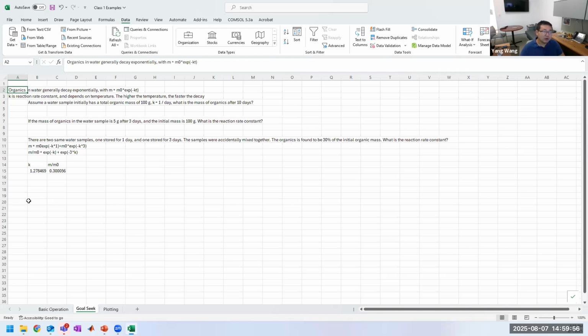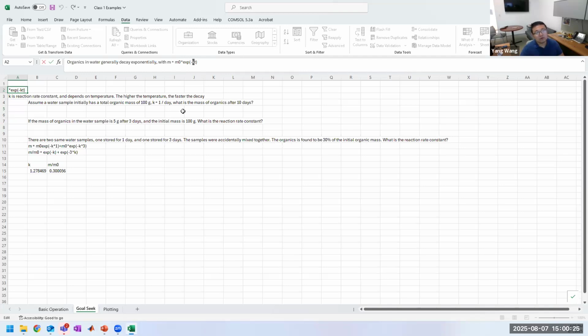In general, the reduction of these organics follows an exponential decay, with the mass of the organics at any time equal to the initial mass multiplied by exponential of minus kt. T is time here, and k is the reaction rate constant. If you have a very high reaction rate constant, the decay is more rapid. If you have a lower one, the decay is slower.